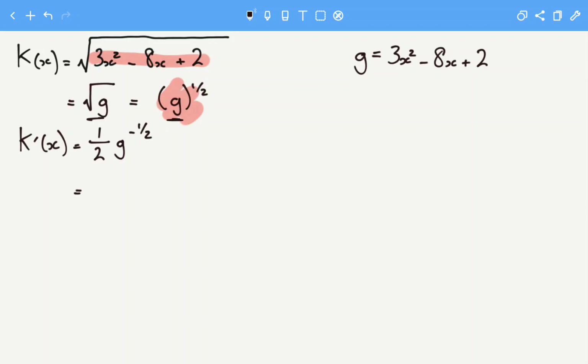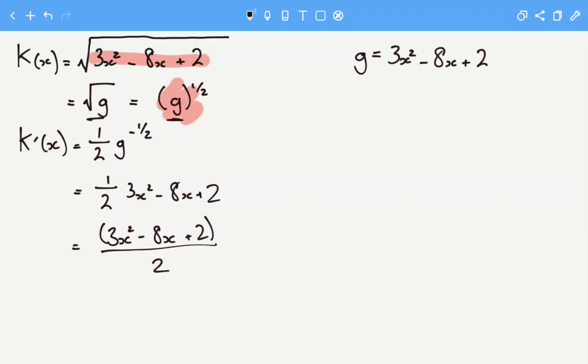And then resubstitute g in. 1 over 2, 3x squared minus 8x plus 2, over 2, and that's both to the power of negative half. There we go.